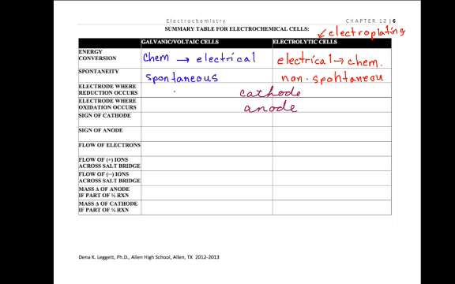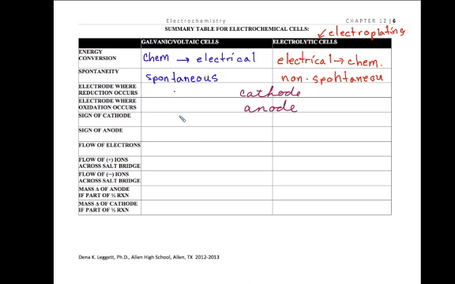Now, this next one is especially important if you're in IB, and AP is ultimately not going to ask you this, but it is so important in terms of practical application that I'm going to make you learn this, whether it is an official quote-unquote AP objective or not. The sign of the cathode. If it's spontaneous, the sign of the cathode is after its namesake.